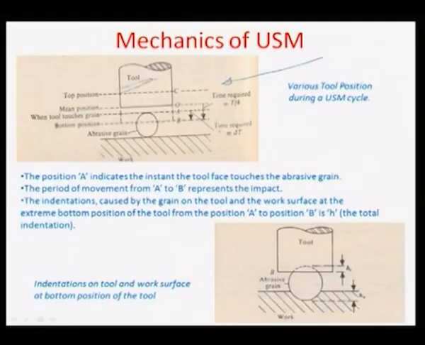This is the tool here, the workpiece, and there is an abrasive grain in between, and the tool goes between position C, which is the topmost position, the extremity of the tool farther away from the surface, and nearer to the workpiece the position which is also the bottom position, that is B. Now, the mean position of the tool is illustrated by the point O here.